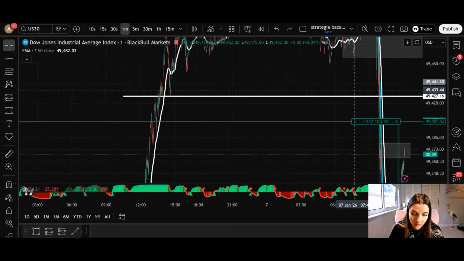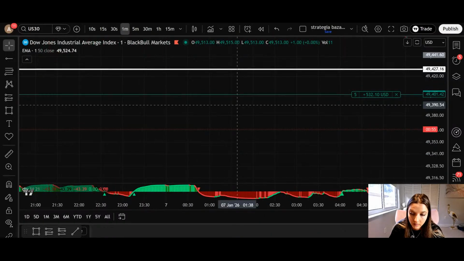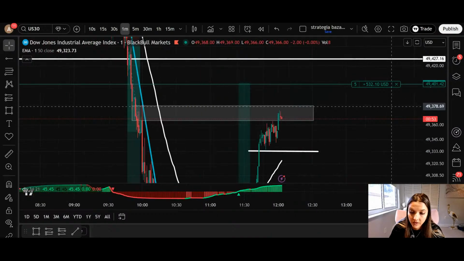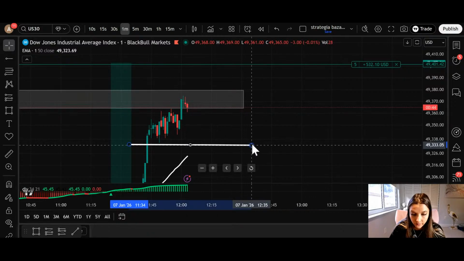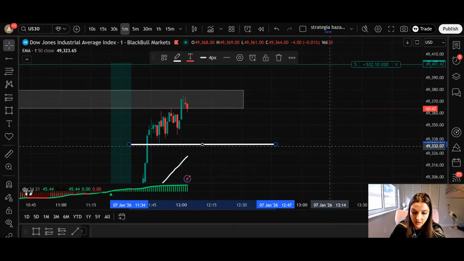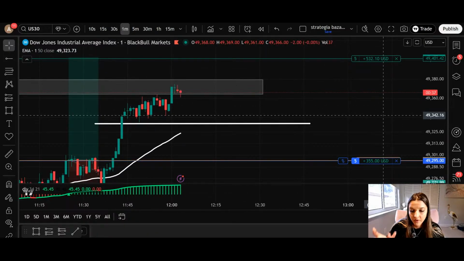Okay, that's not bad. But at this point, start trailing your trade and watch if it breaks this white line. Because we are already in a lot of profit, so it would be sad to just lose it all, you know?